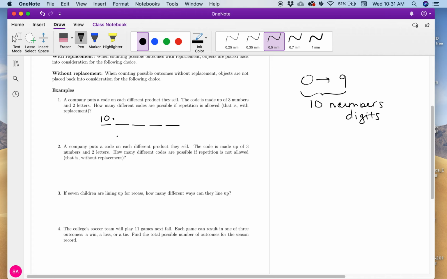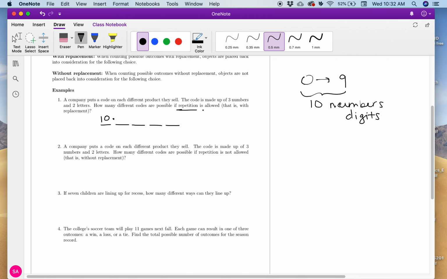All right. So I drew this little symbol here because we're going to be multiplying these numbers. That's what the fundamental counting principle says. We are going to multiply all these numbers that we find, but we've got to finish finding them. So the next key word here is repetition, right?